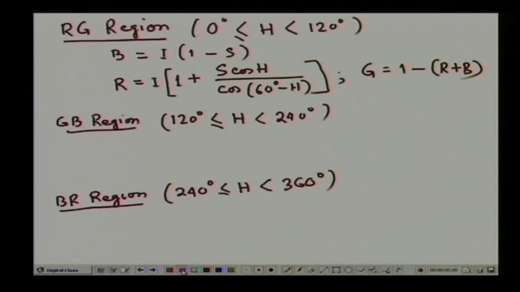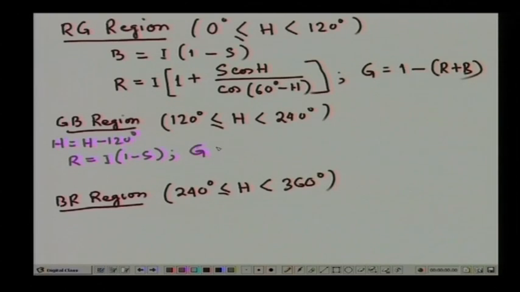Similarly, in the GB region, the first operation is to modify H, so H is equal to H minus 120 degree. Once we do this, we get the R, G and B components like this: R is equal to I into (1 minus S).